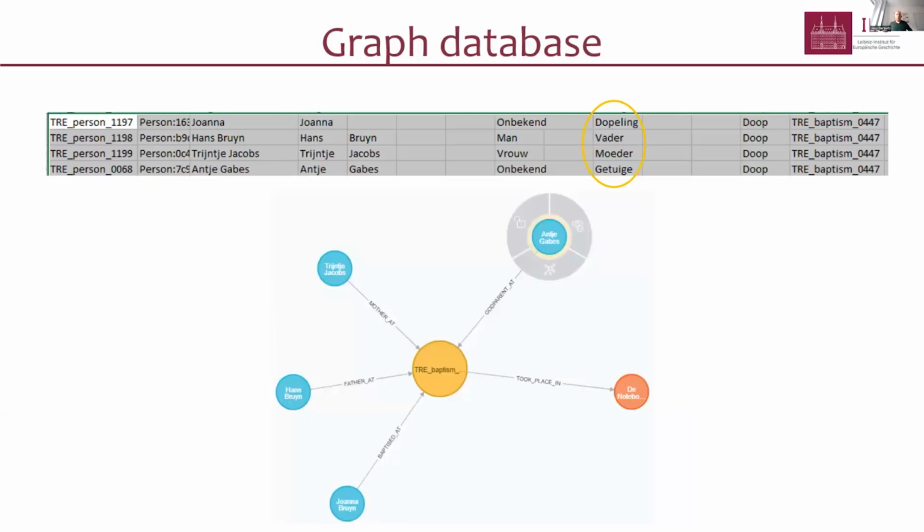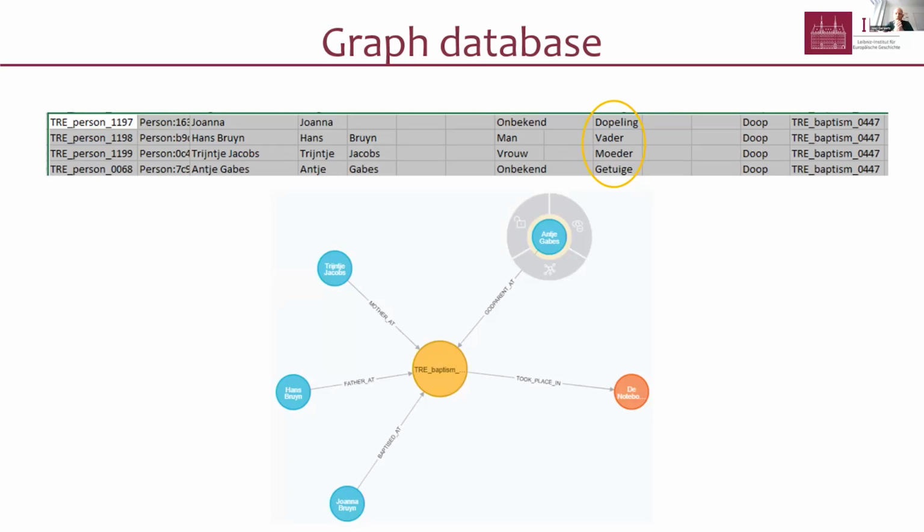Now, here you have some data in the graph database. As opposed to the spreadsheet, a graph database has a similar structure to the semantic web, what Sophia already mentioned, in that it comprises nodes related to each other, linked to each other by edges. So here you have, for instance, an example of a baptism. The four blue nodes represent people that all participated in a baptism, and the baptism took place in a particular church.